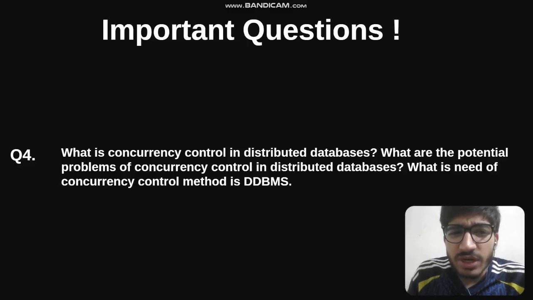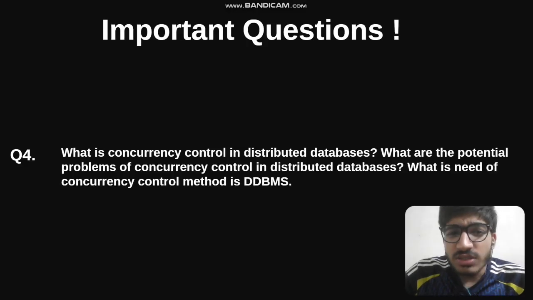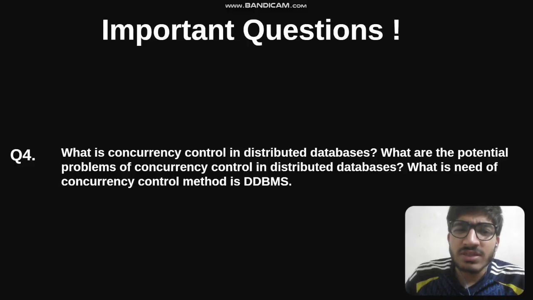Now, distributed deadlock. A deadlock occurs when a set of transactions is waiting for locks held by other transactions in the set, forming a cycle. Detecting a deadlock is harder because the wait-for graph is spread across multiple independent sites, requiring complex, time-consuming global deadlock detection algorithms.